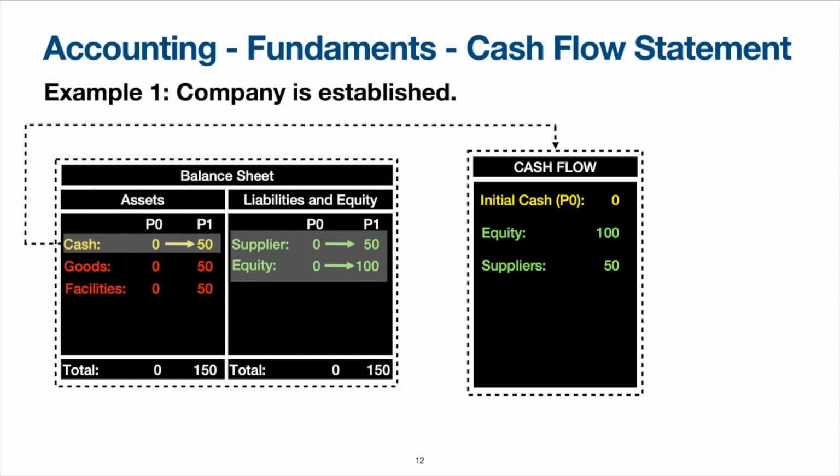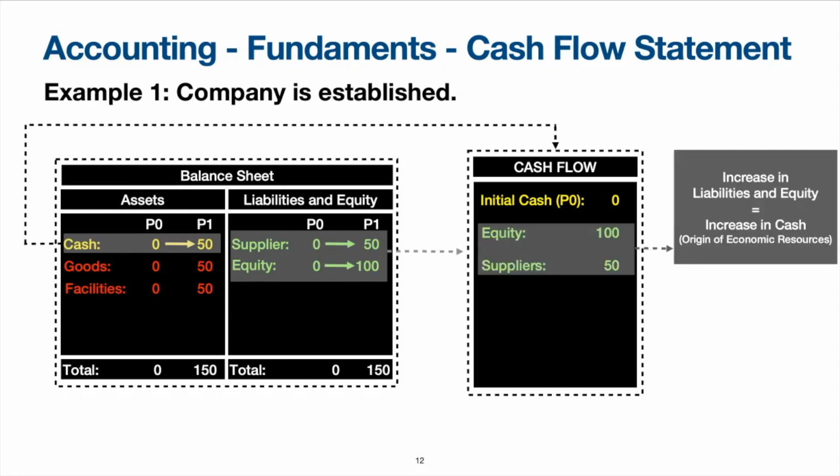Therefore, I show it here as an origin of resources. Every time I have an increase in my liabilities and equity, I have an increase in cash because I have an origin of economic resources for the company.